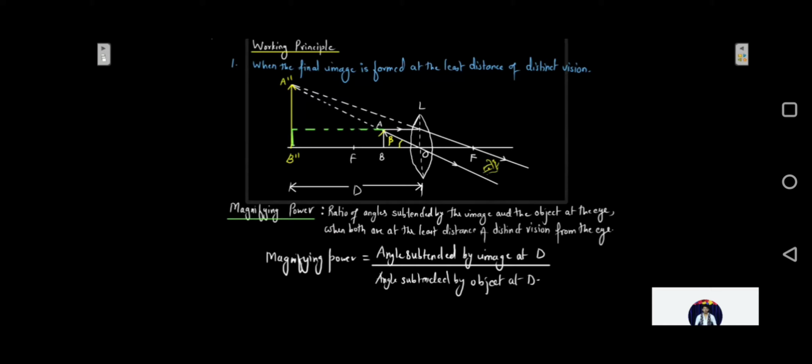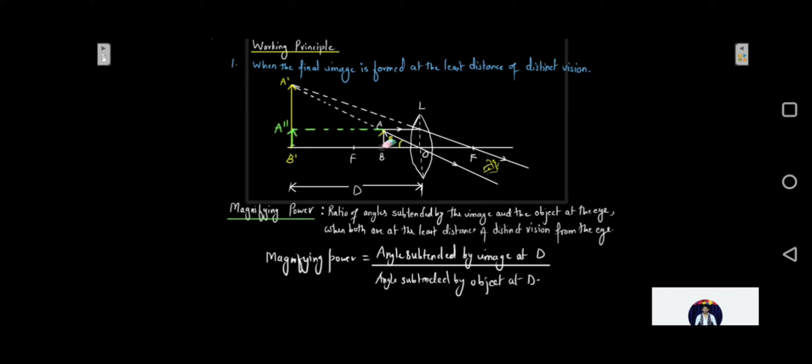So this is my object shifted, let's say A double dash B double dash. Let's make this single dash. So this is A double dash point over here.